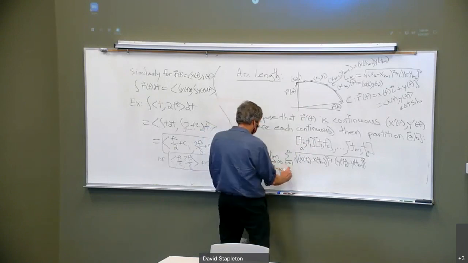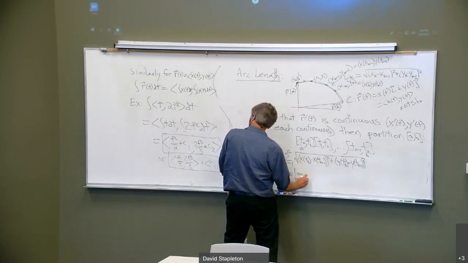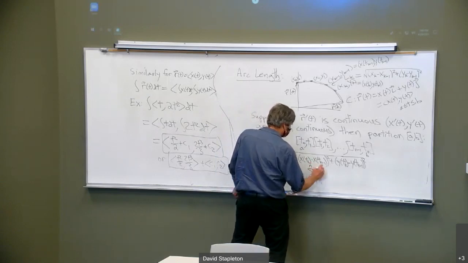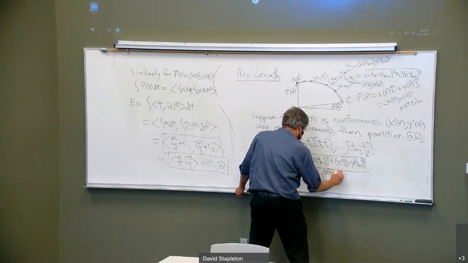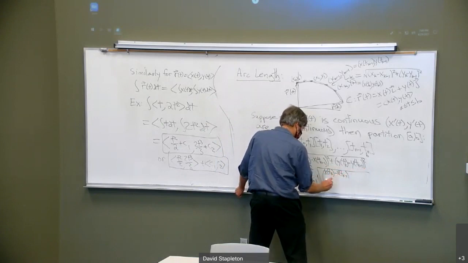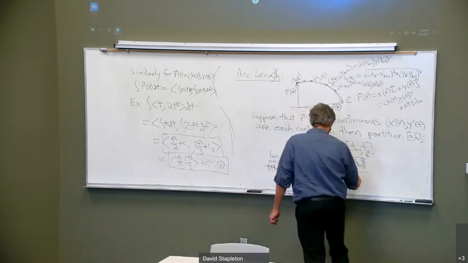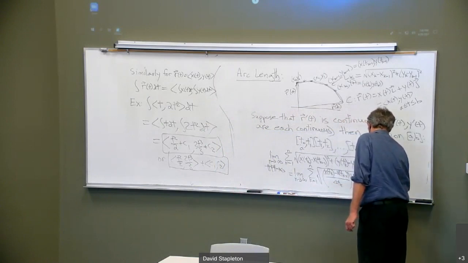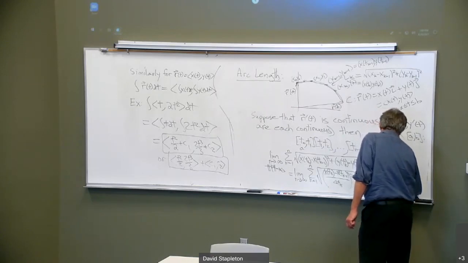What happens? Well, this is also equal to, by the mean value theorem, well, let's do some algebra first. The limit as n goes to infinity of the sum k equals 1 to n of the square root of x of tk minus x of t(k minus 1) over delta tk, squared, plus y of tk minus y of t(k minus 1) over delta tk, squared, all times delta tk.